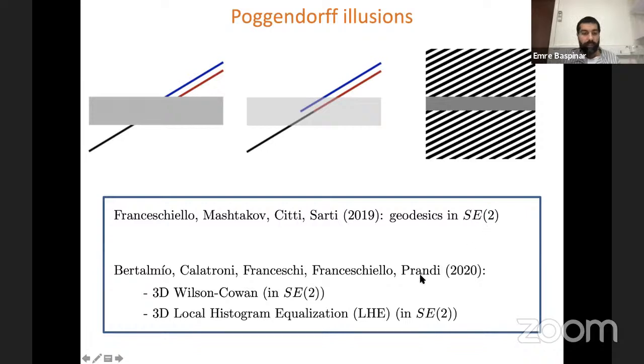And later on, by Bertalmío, Calatroni, Franceschiello, and Prandi, two algorithms, which they named three-dimensional Wilson-Cowan and three-dimensional local histogram equalization algorithms in the Subriemannian geometry of SE2, again, the same geometry, were proposed in order to generate those Poggendorff illusions. And for us, these two algorithmic procedures provide the departure point of our study.